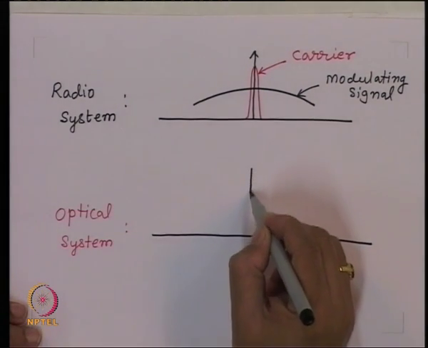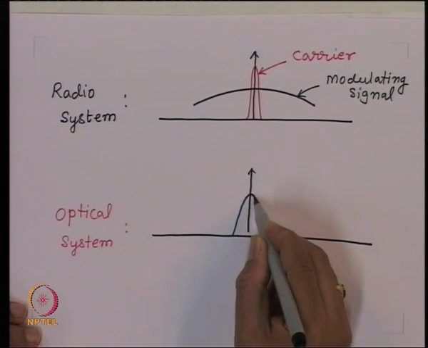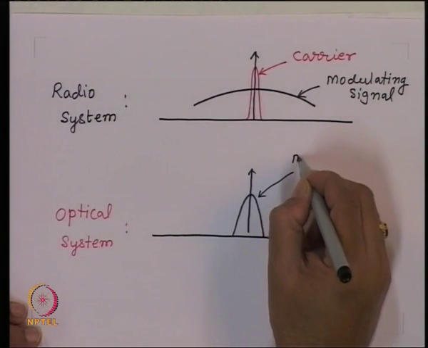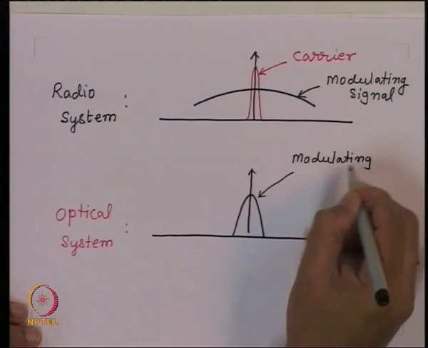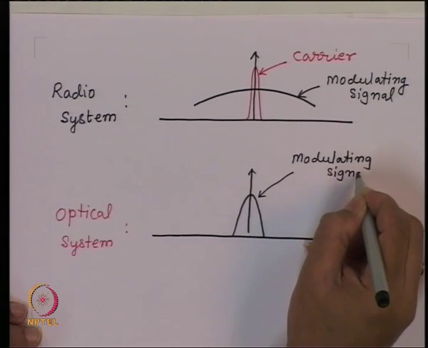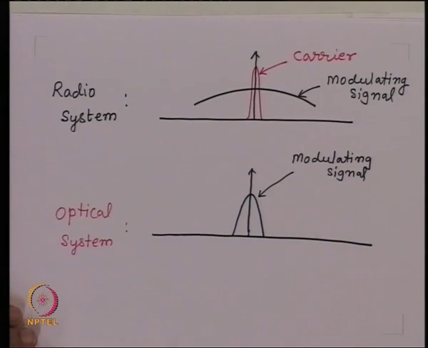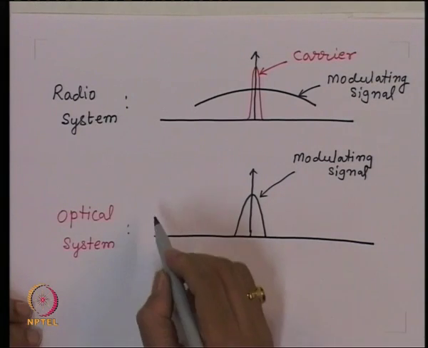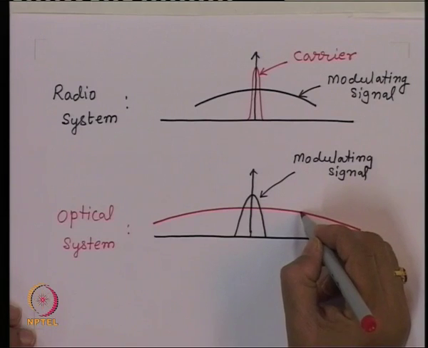So this is my modulating signal, which could be of the order of about 100 gigahertz or 10 gigahertz bandwidth, whereas you have the optical carrier which will be like that.